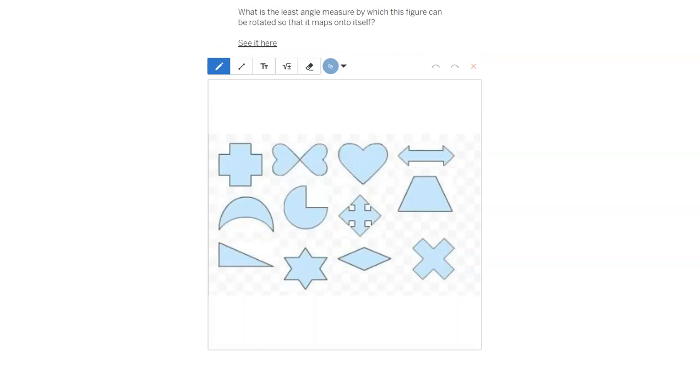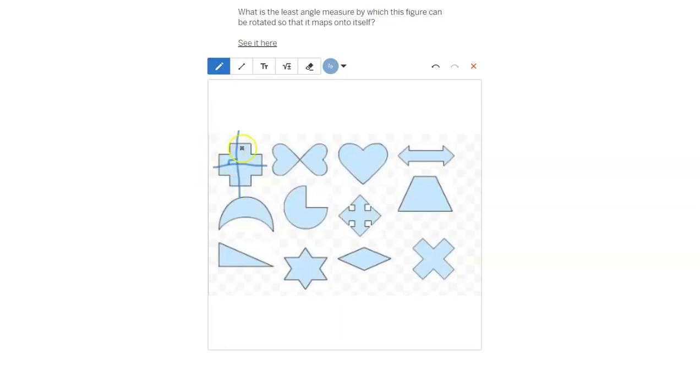What is the least angle measure by which this figure can be rotated so that it maps onto itself? Notice that word maps. That means it turns back onto itself. So here you're going to turn it one time and it will map back onto itself.